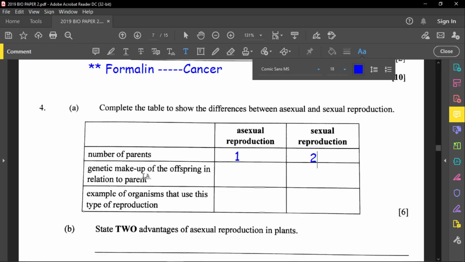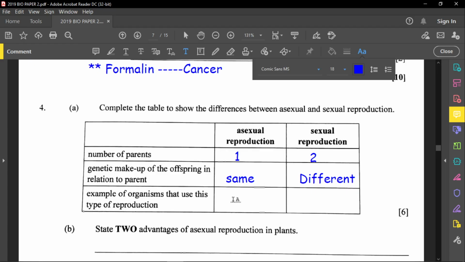All right, and so it's a genetic makeup of the offspring in relation to parent. And so the offspring compared to parent, it will be the same genetic makeup for asexual reproduction. Okay, but for sexual reproduction, they will be different. In fact, there'll be variation. So they will be different from the parent.